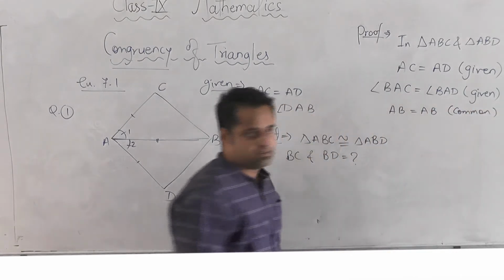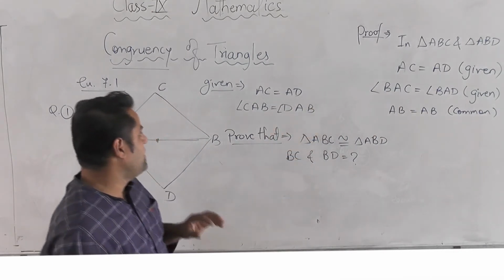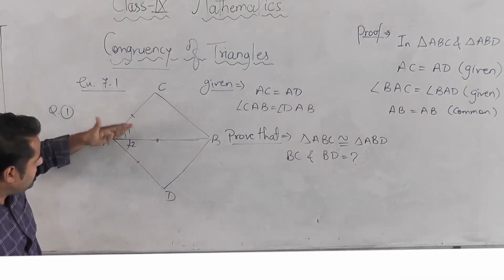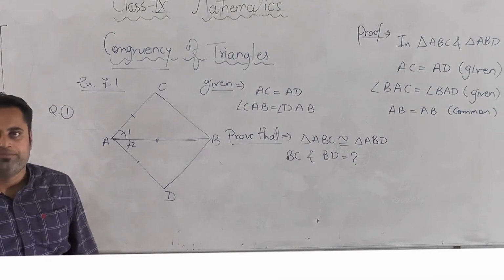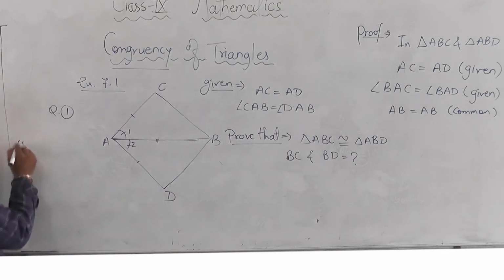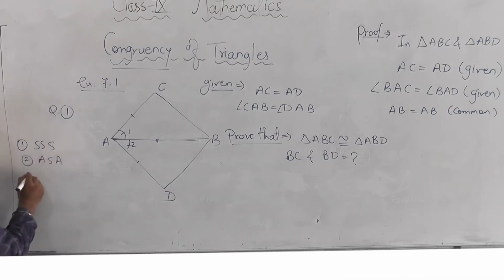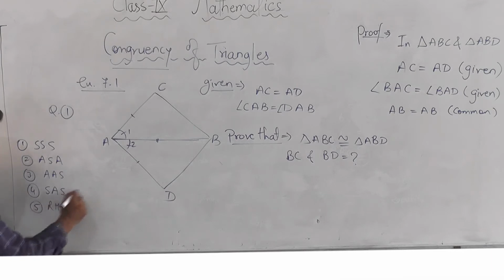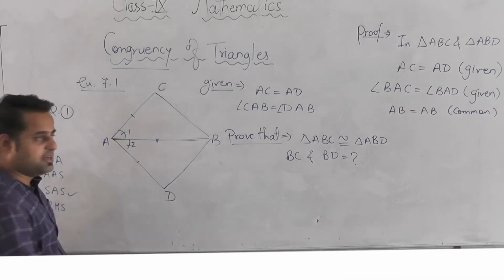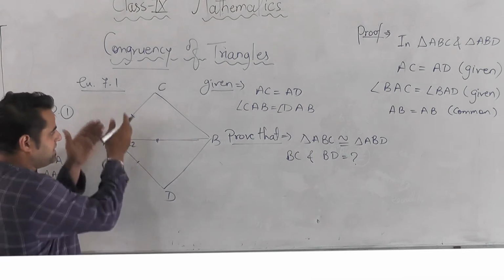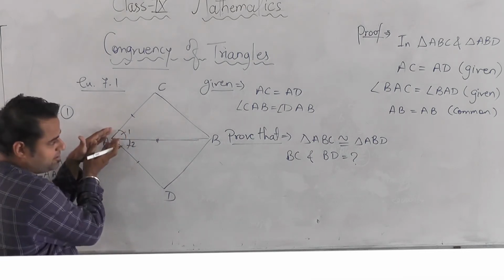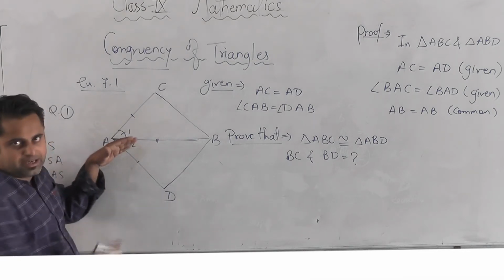Now, as you can see, the side-angle-side property can be applied, along with the five properties: SSS, ASA, AAS, SAS, and RHS. Here we have a side, the angle between, and the second side.